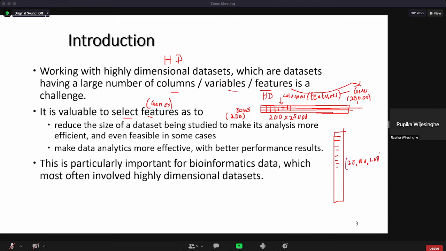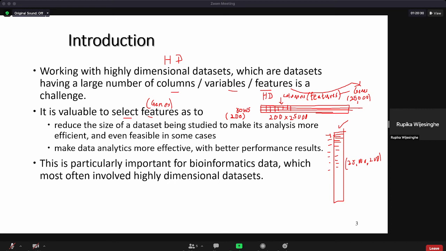Actually, normally in the gene expression matrix, you have genes in rows, and in columns you get the samples or the patients, right?